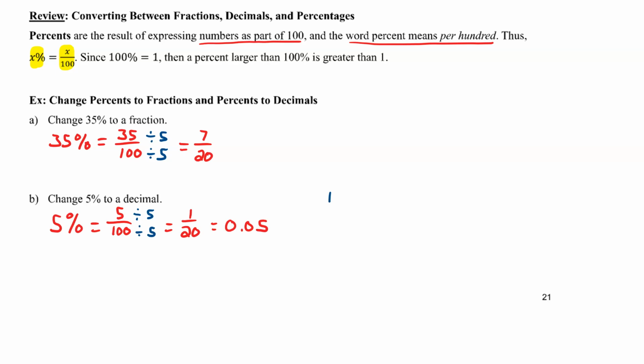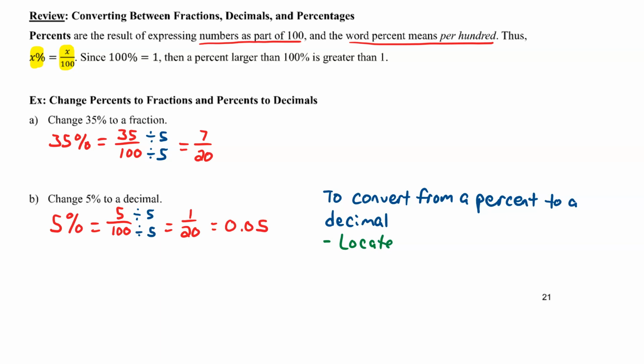Now, when we are working with percentages, we have a little memory device to convert from a percent to a decimal. There are two things we want to do. Number one, locate the decimal point in the percent.